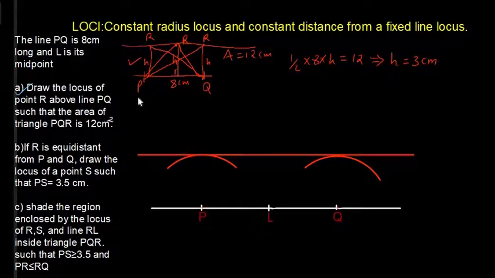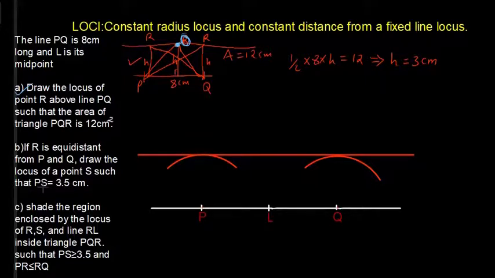So here we've been told that R is equidistant from P and Q. So that means we consider this R right up here, that one there, so that the distance between R and P, R and Q is the same. So if that is the consideration, the next part of the question, draw the locus of a point S such that PS is 3.5 centimeters.